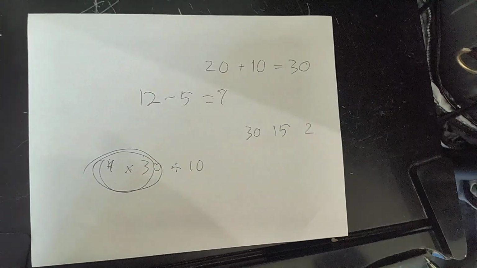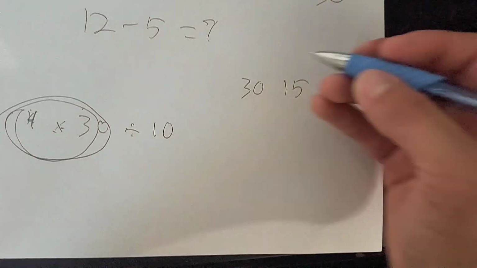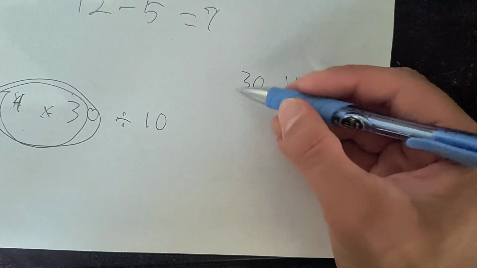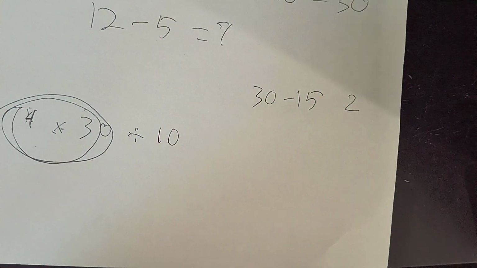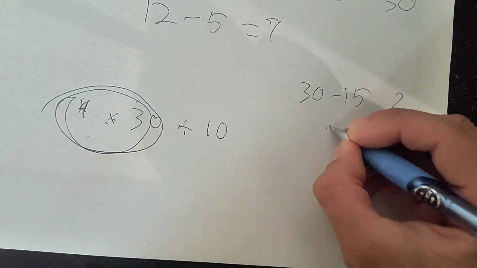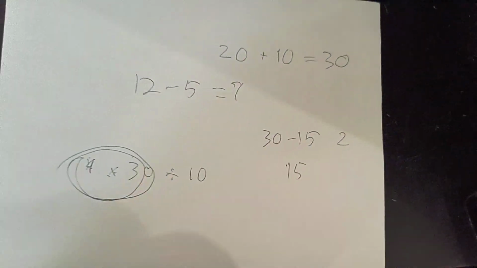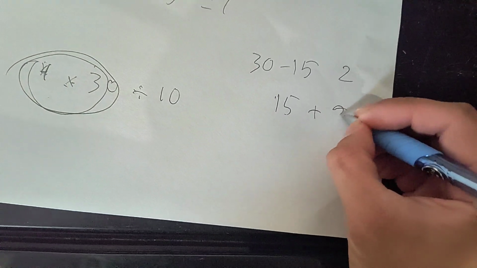Was this a one-step or a two-step word problem? Well, how many operations are happening in this word problem? Well, we had 30 at first, and then we gave away 15. So that means we subtracted 15 from it. And then after we found out the 30 minus 15, which is just 15, somebody gave us 2. So we added 2 more back to it.